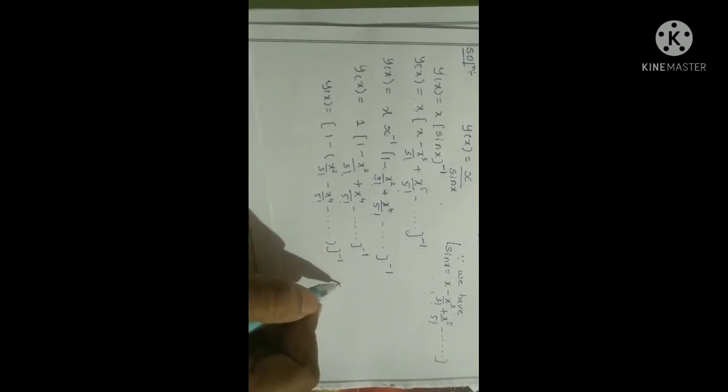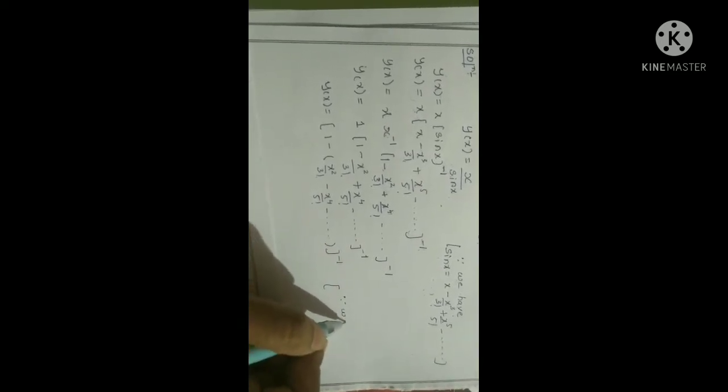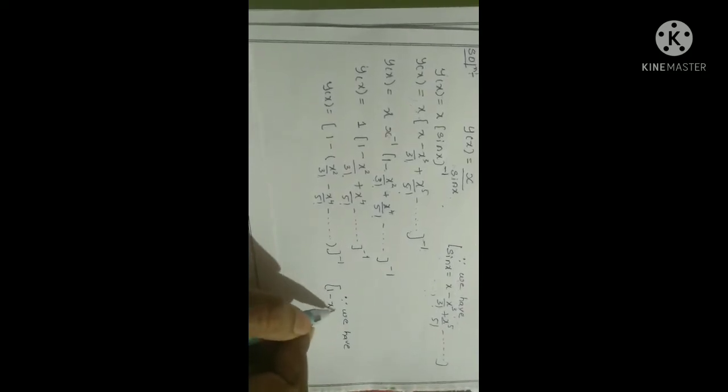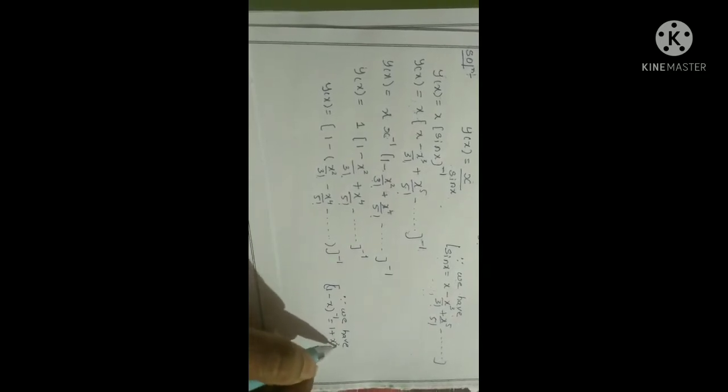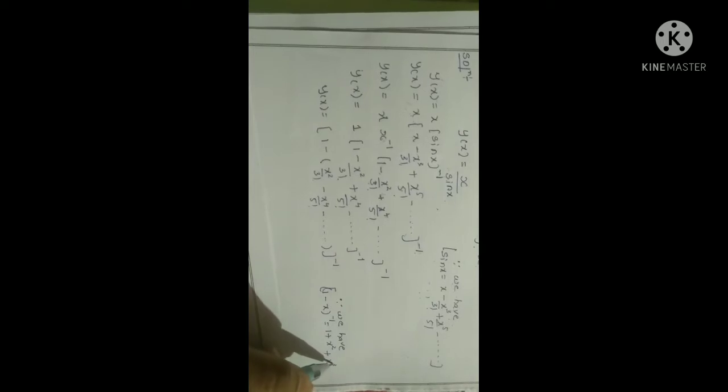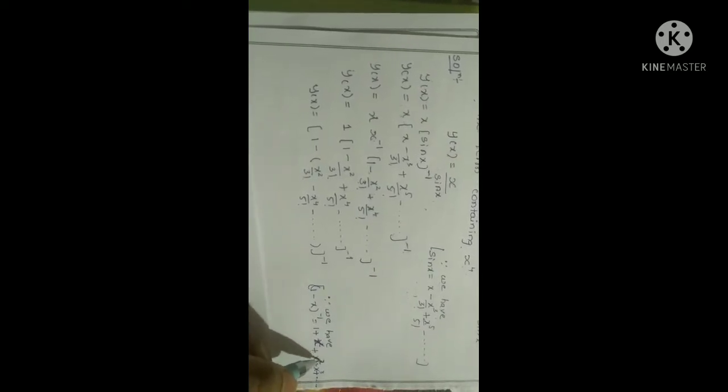Already we know a formula. What is that formula? 1 minus x whole to the power of minus 1 is equal to 1 plus x plus x square plus x cube and so on.